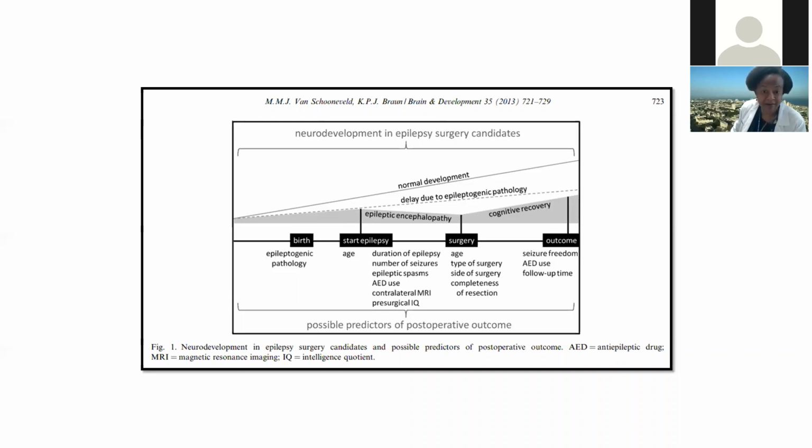But what if the patient is not a surgical candidate, okay? If surgery is not a choice, then we are going to be suffering the consequences of the epileptic encephalopathy, and these patients will continue to plateau or will continue to regress, regardless of whether they get to seizure freedom or not.